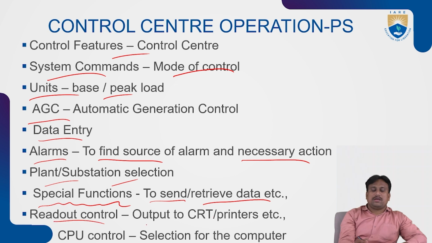So with that we can read out the control actions, which will be connected as output to the CRT or printers, and a CPU control is required for selection for the computer aspects.